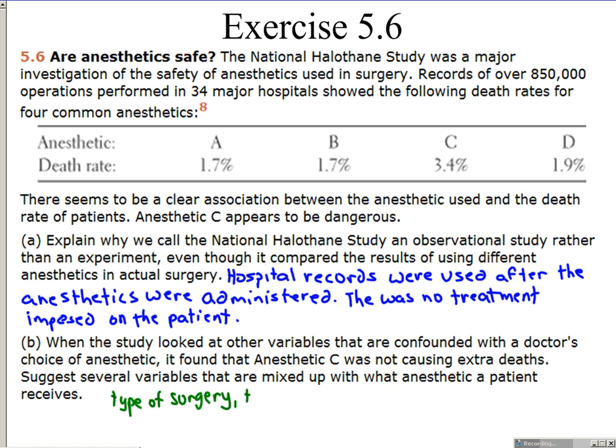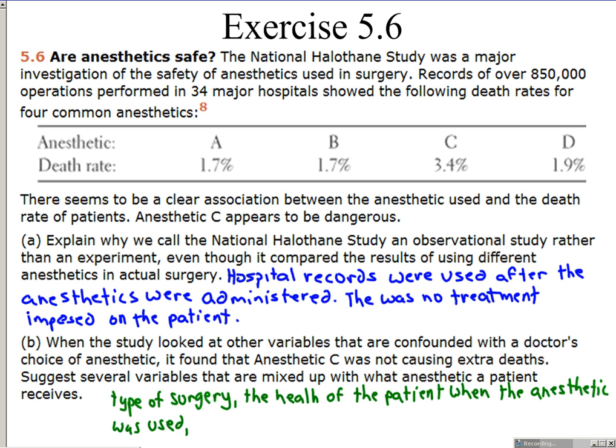Health of the patient at the time of surgery could be confounded. So the health of the patient when the anesthetic was used. Training of the medical personnel using it.